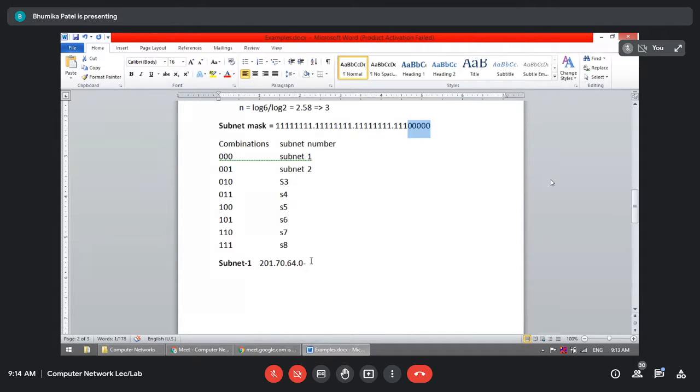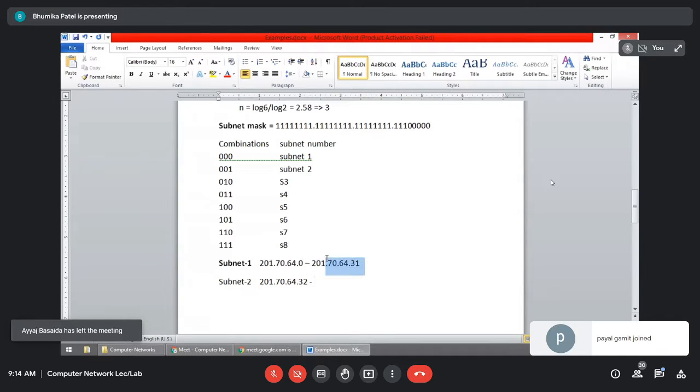Okay, so here the range for the subnet 1 will start from 201.70.64.0 to 31. That is the range of the subnet 1. For the subnet 2, it will be 201.70.64.32 to 63.